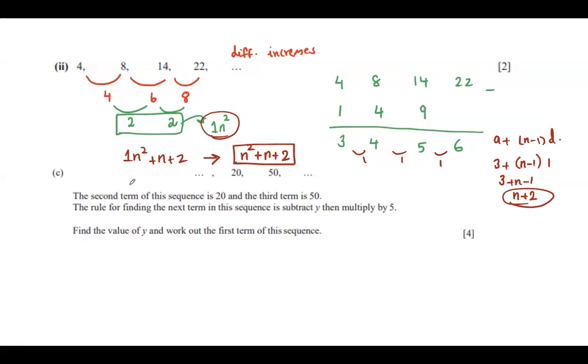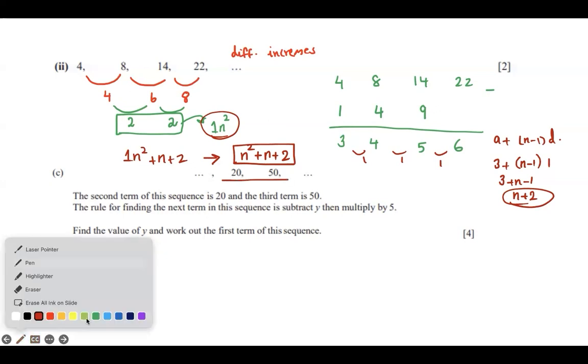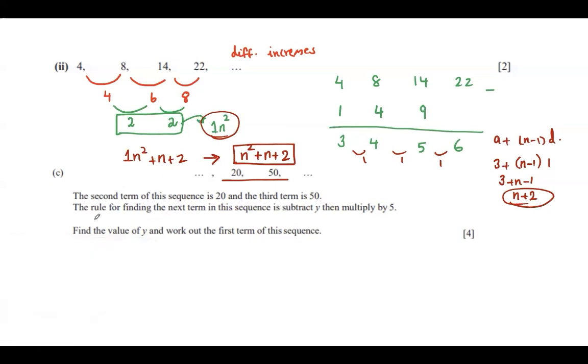Let's move on. The second term of the sequence given here is 20, and the third term is 50. The rule for finding the next term in the sequence is to subtract y, then multiply by 5. So two instructions have been given to us here.